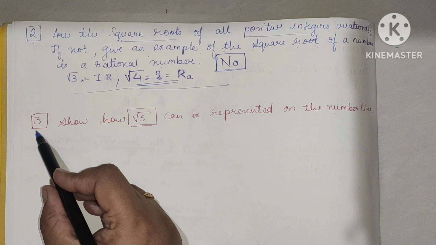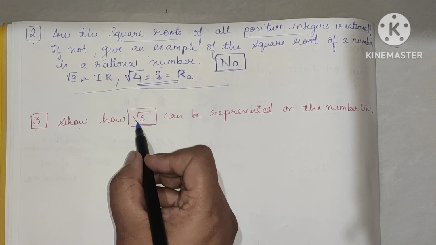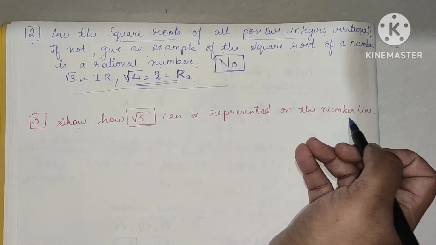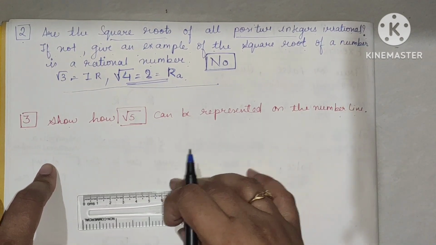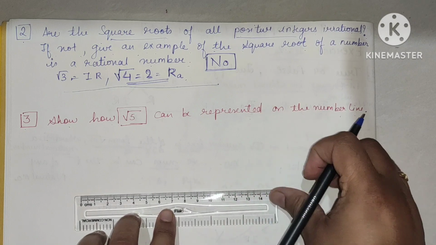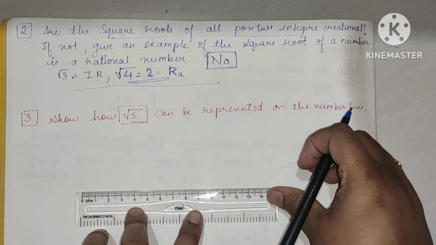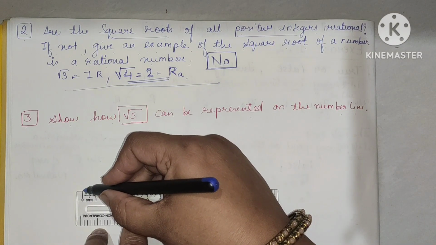Now the third question is: show how root 5 can be represented on the number line. First of all, here I'll show you with the scale. First of all, draw a number line.